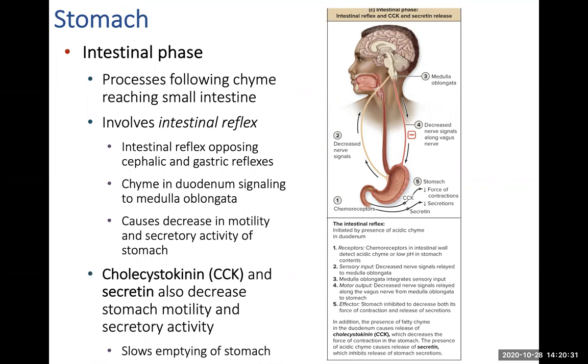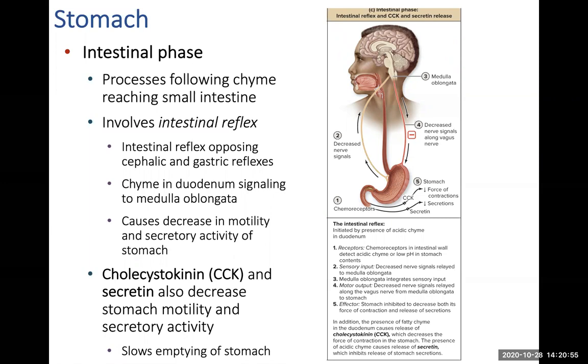So an important component of the intestinal phase involves what we call the intestinal reflex. The intestinal reflex is the reflex that opposes the cephalic and gastric reflexes, right? Both the cephalic and the gastric reflexes, especially the gastric, are kind of pro-stomach phases.